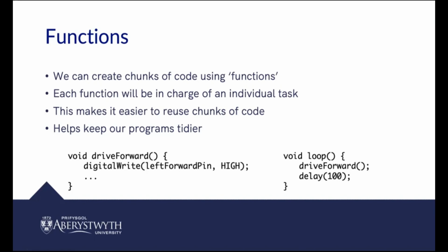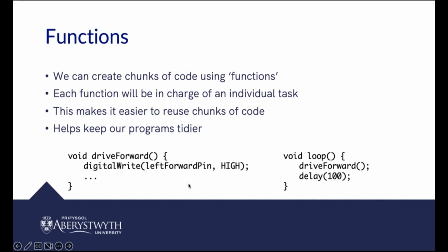Whereas with a function, we give it its own name and we can tell that it's a function by adding these round brackets. If we don't add these round brackets, it'll think it's a variable and it will get very, very confused very quickly. So when we're using that function ourselves, we have to remember those round brackets. And of course, we follow it with the semicolon.